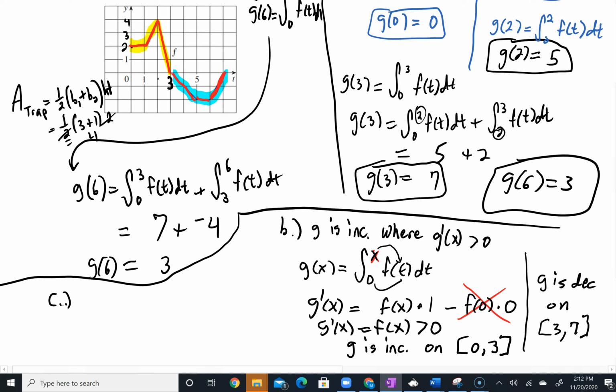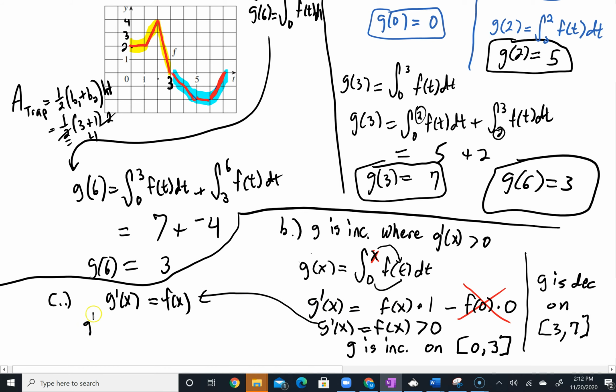Well, we could revisit the first derivative test. Here's G, and we know that G prime of x was equal to f of x. We know that from what we had just seen previously.